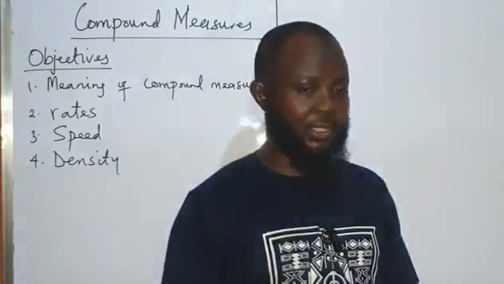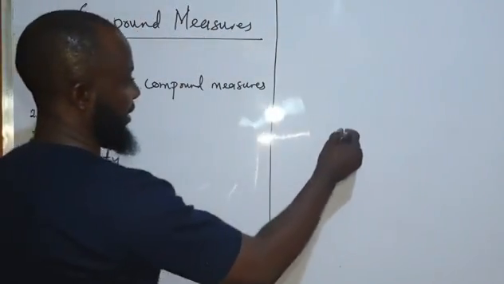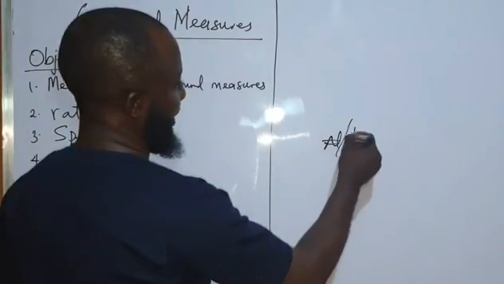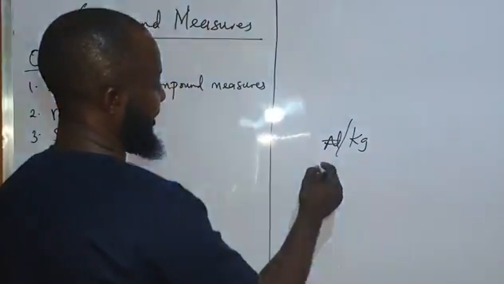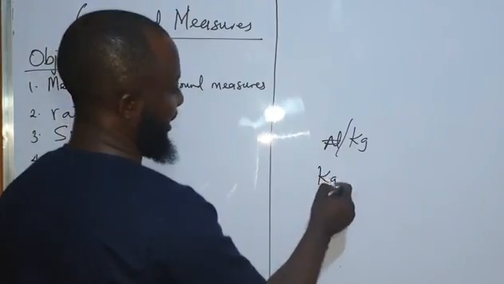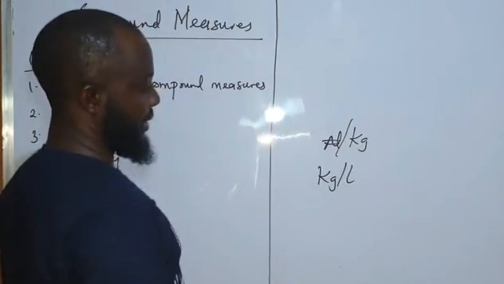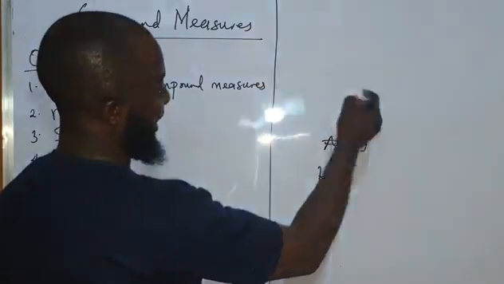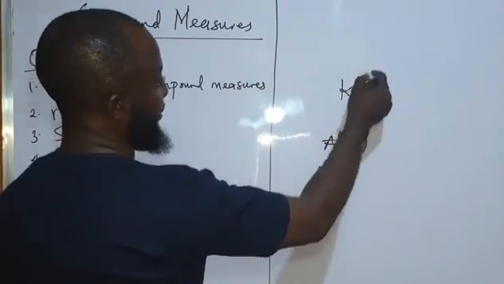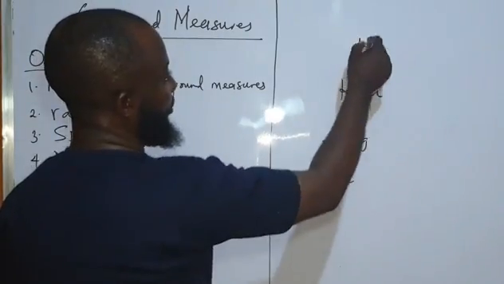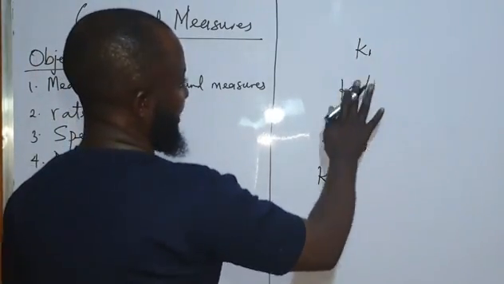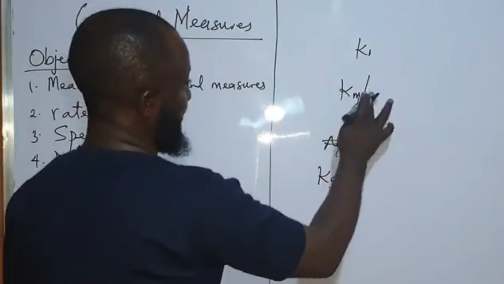Such as if we have naira and kilogram, right? Then distance, looking at kilogram per liter, right? We can have kilogram per hour, or kilometer per hour.